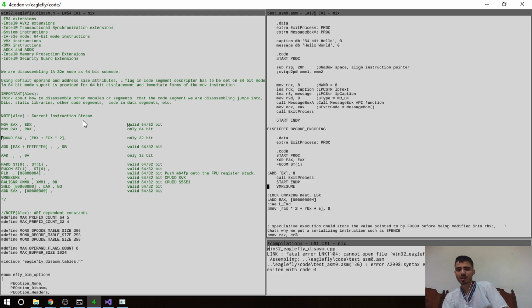This is not possible. So this is pretty much the thing. The assembler tests us for that, or well, it checks that at compile time. It's possible for the compiler to do that.